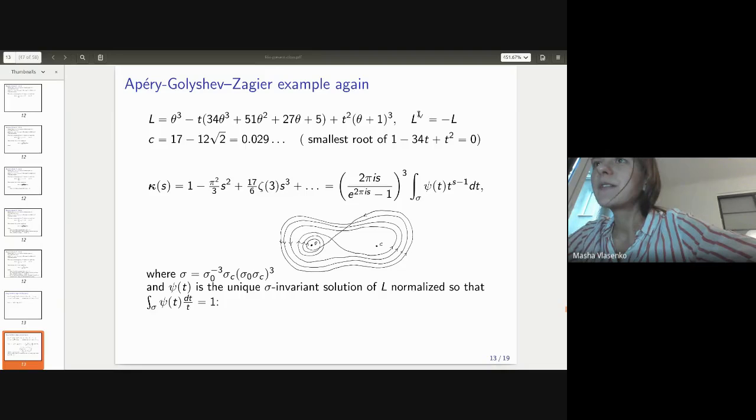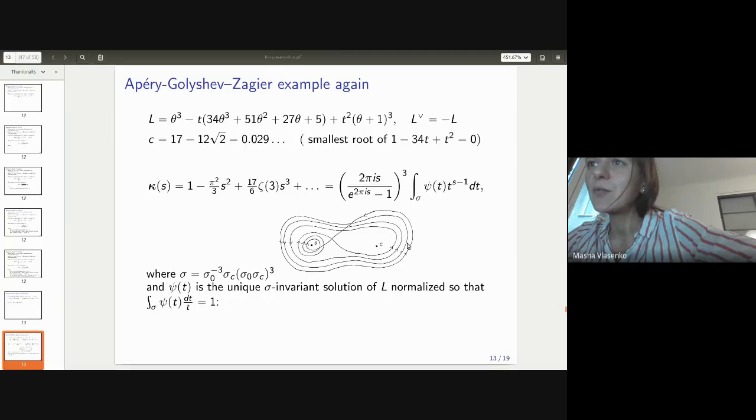Well, we should consider the adjoint, but this operator appears to be self-adjoint. Formally, the adjoint is minus L. So this is a solution to L. And here, there is a loop, which is given explicitly. So it goes 3 times around C, and then around 0, again C, 0, again C, 0, and then again around C, and then it unwinds back around 0.